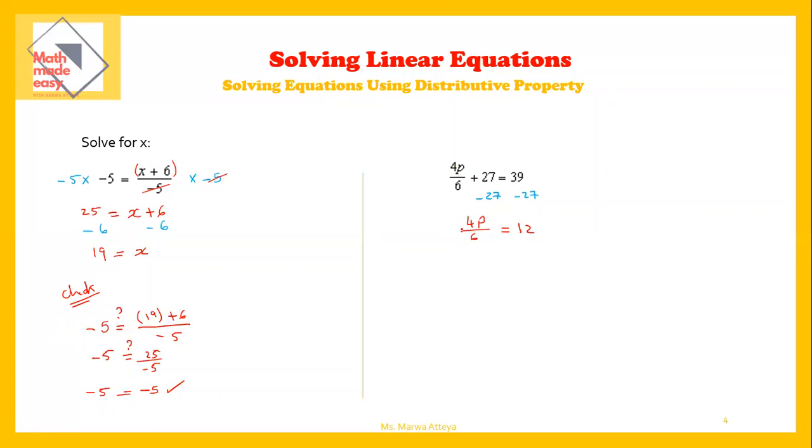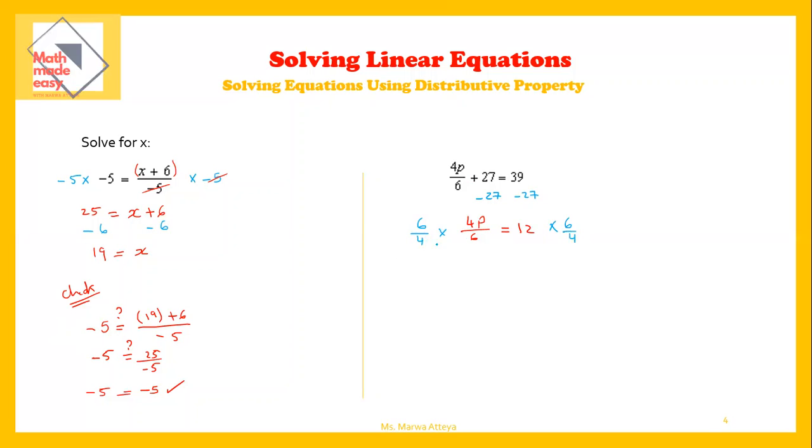Now, we can either multiply by the reciprocal of 4 over 6 all at once, or we can do it in 2 steps. Both will be fine. This is as if I'm multiplying 4 over 6 by p. Okay? So I can just multiply by the reciprocal. The reciprocal of 4 over 6 is 6 over 4.